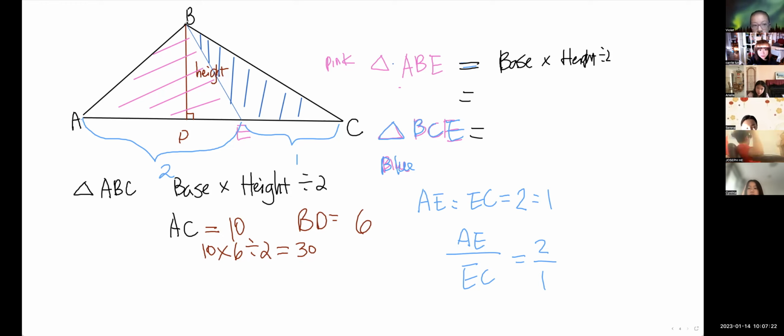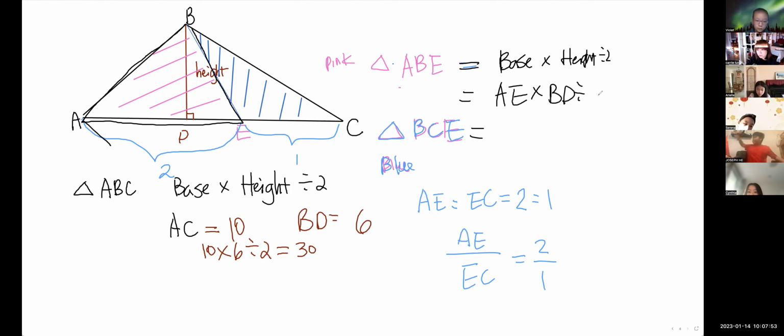So let's look again, there's a triangle here, right? I ask you, what is the base of this triangle? AD? The triangle only has a part, so what is it? AE. Very good, AE, good job. So what is the height for this one? BD. Very good. Divided by 2, correct?